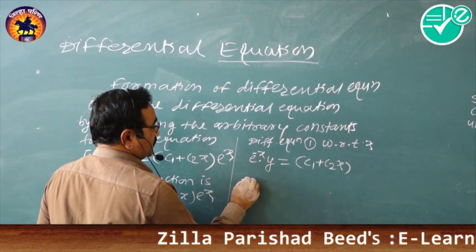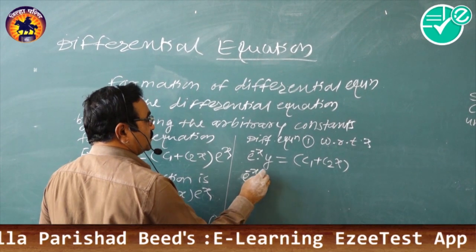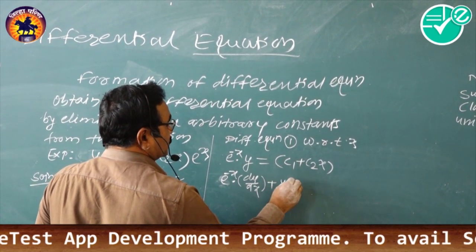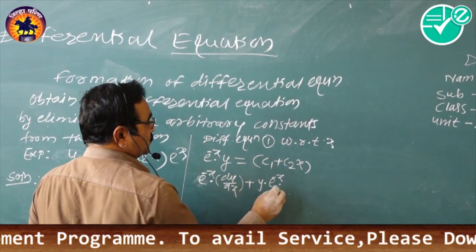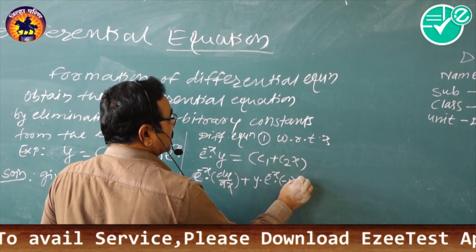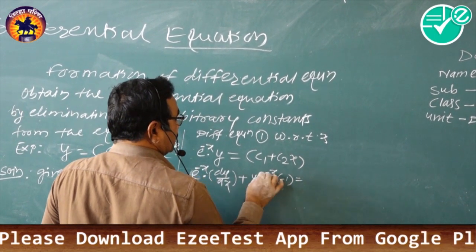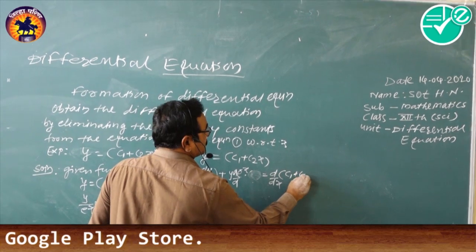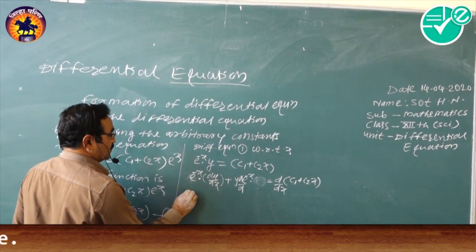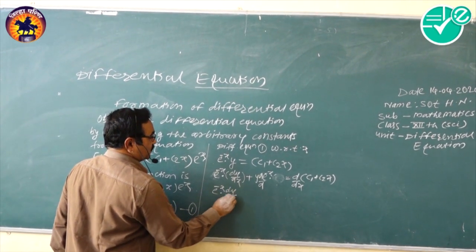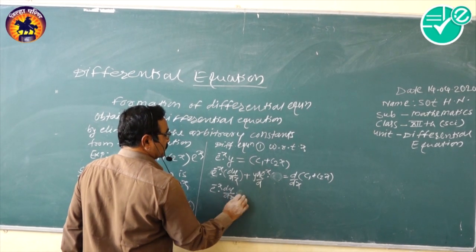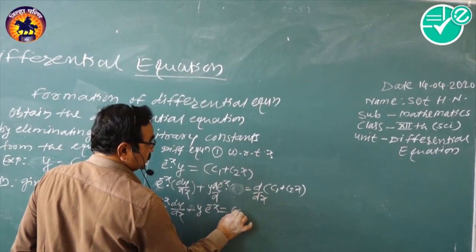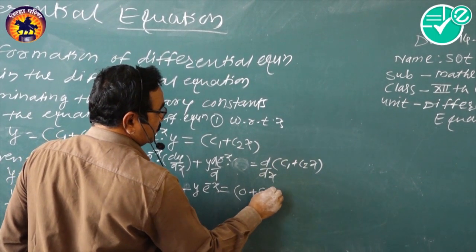Differentiate: e raised to minus x into dy by dx plus y into e raised to minus x into minus 1 is equal to d by dx of c1 plus c2 x. So e raised to minus x into dy by dx plus minus y into e raised to minus x equal to 0 plus c2 into 1.